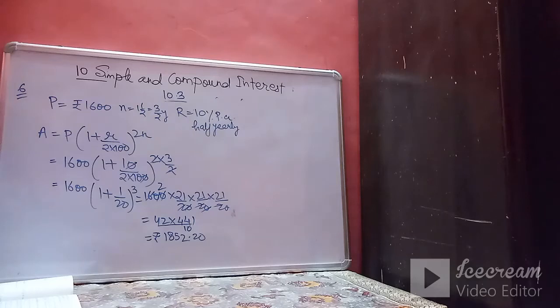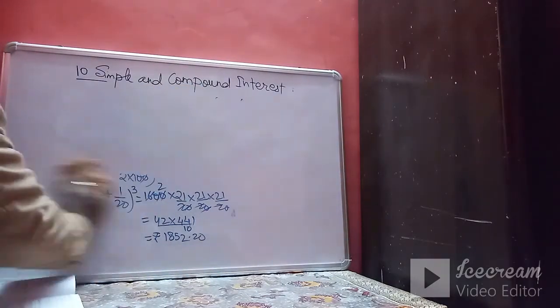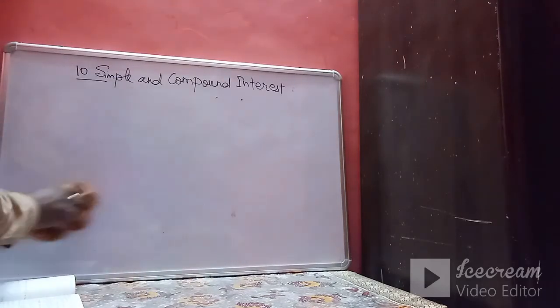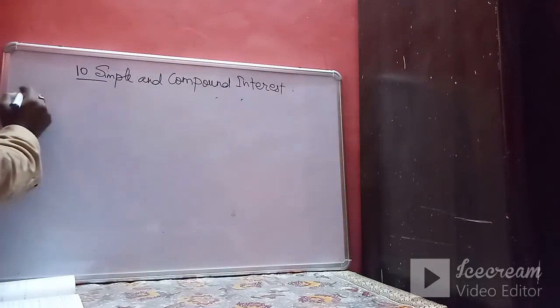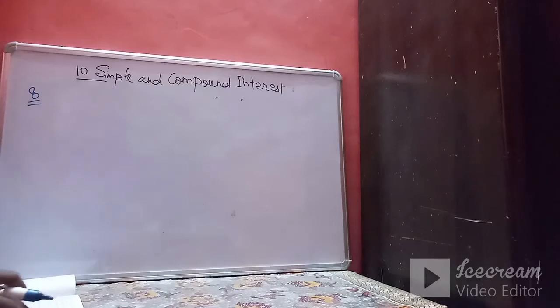So in question number 8, find the compound interest that Madan will get from a company on his fixed deposit of rupees 6,000.